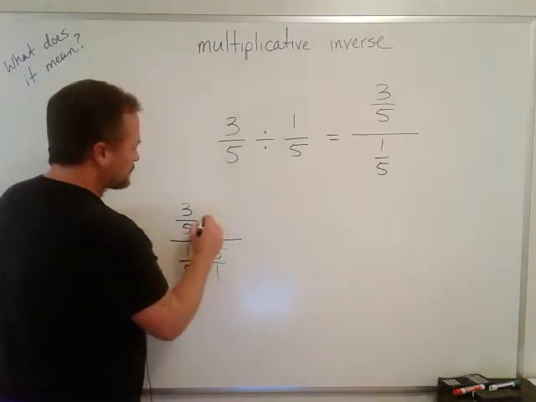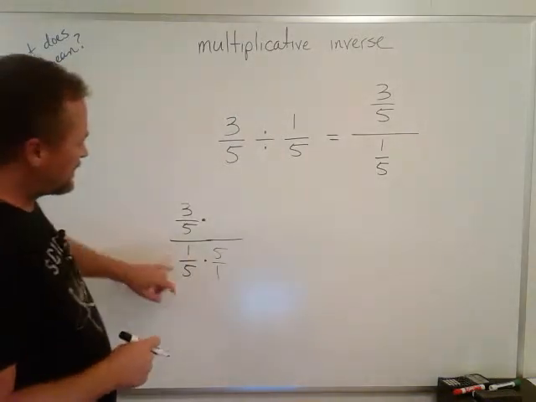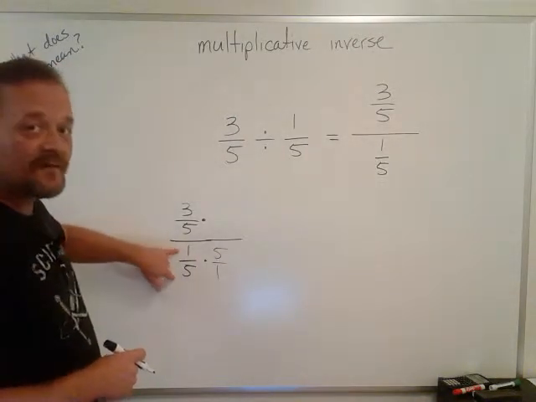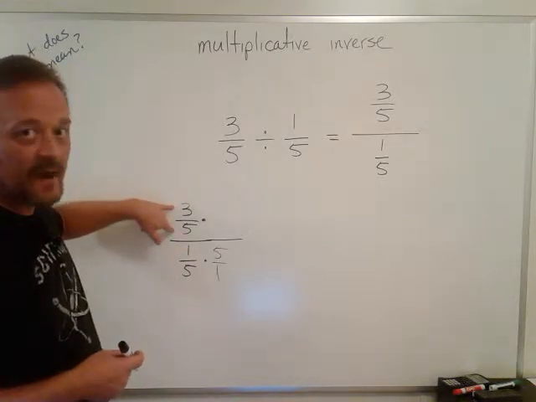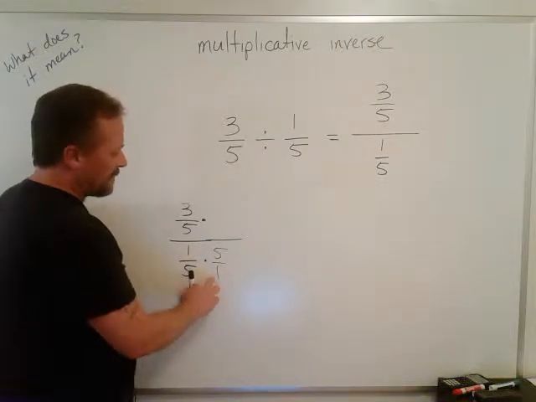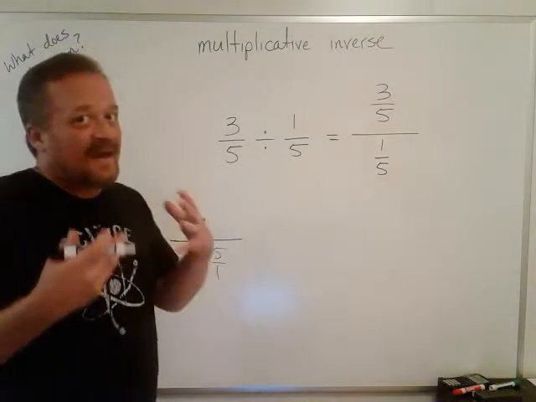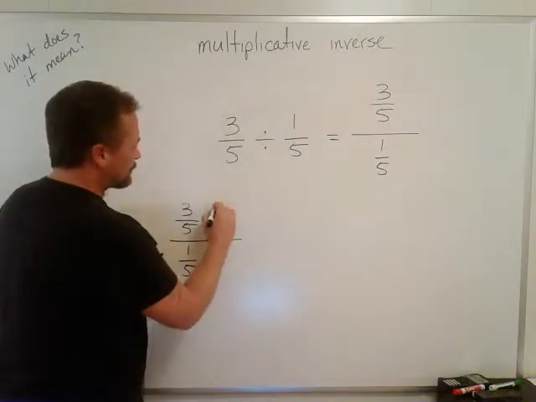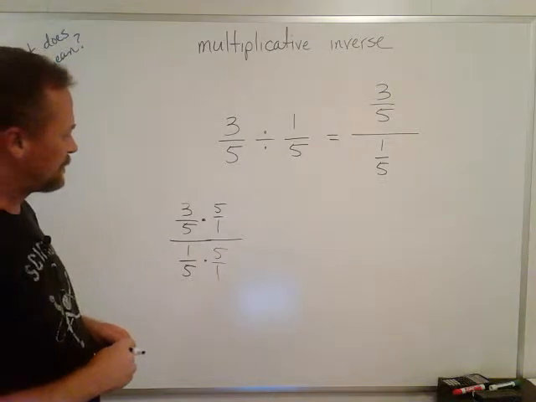However, as we've mentioned many times in this course already, anytime you change one part of a fraction or a ratio, you have to do the same thing to the other part of it. So if I multiply 1/5 by 5/1 because I want 1 in the denominator, I have to do the same thing in the numerator. Okay?